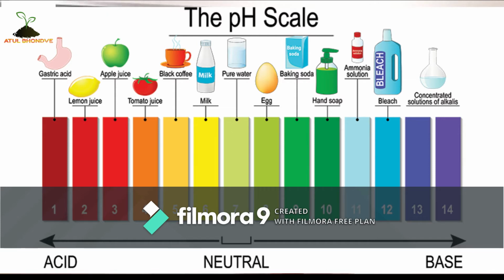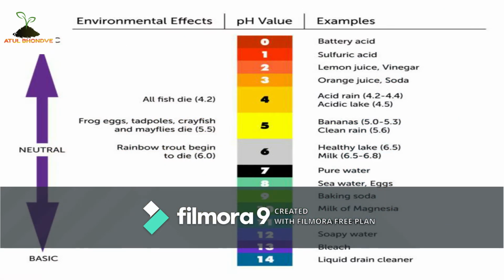Regarding the pH scale, the range of pH is represented with the help of this image in front of you. The pH of HCl is 1, a highly strong acid.